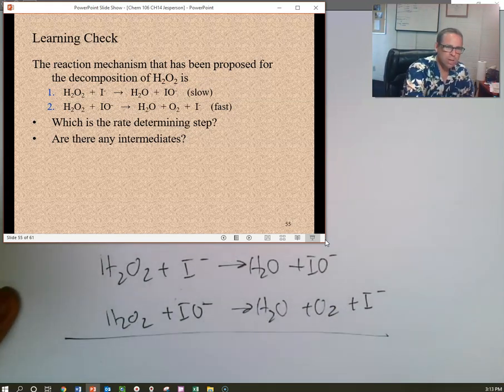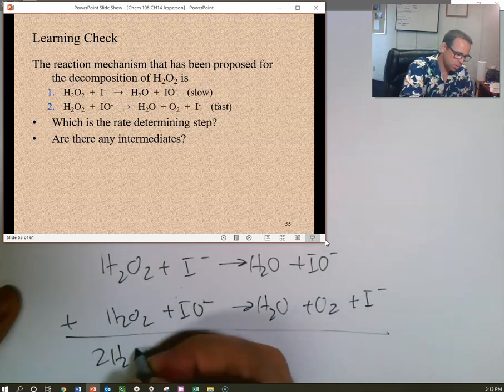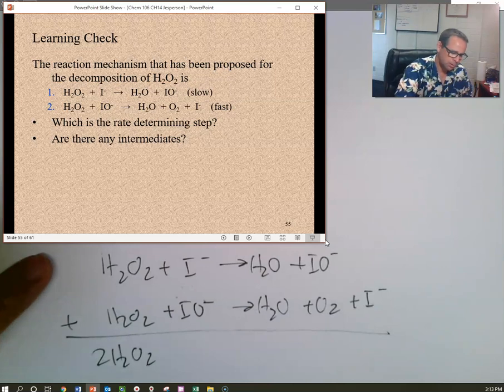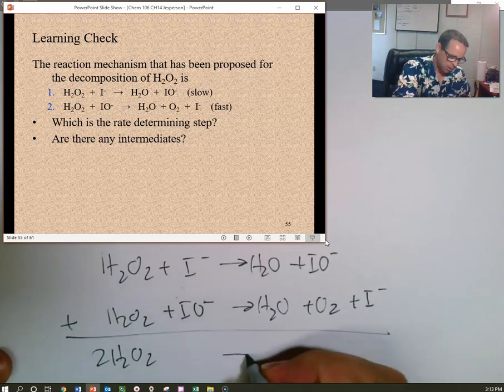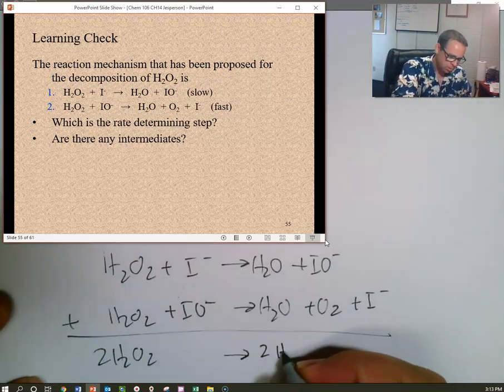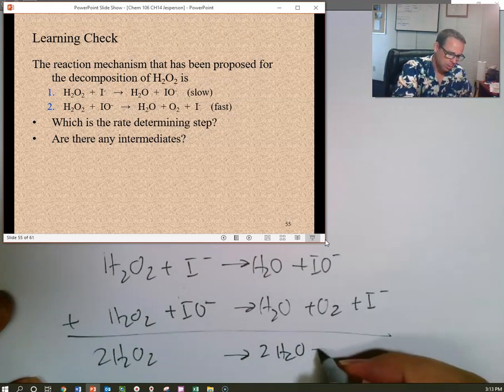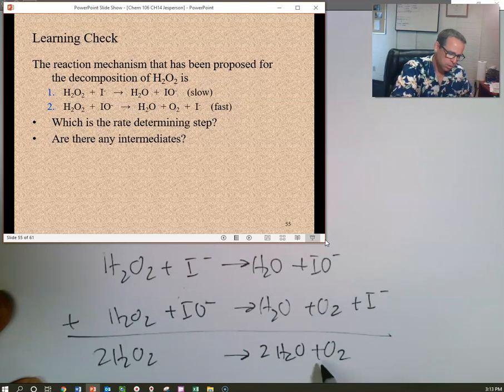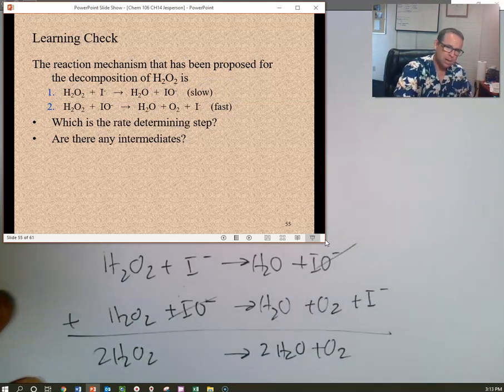If I add these two reactions together, I'm going to get two H2O2s on the left. I'm going to get two waters on the right. I'm going to get an oxygen on the right. These IO minuses cancel out, and these I minuses cancel out as well.